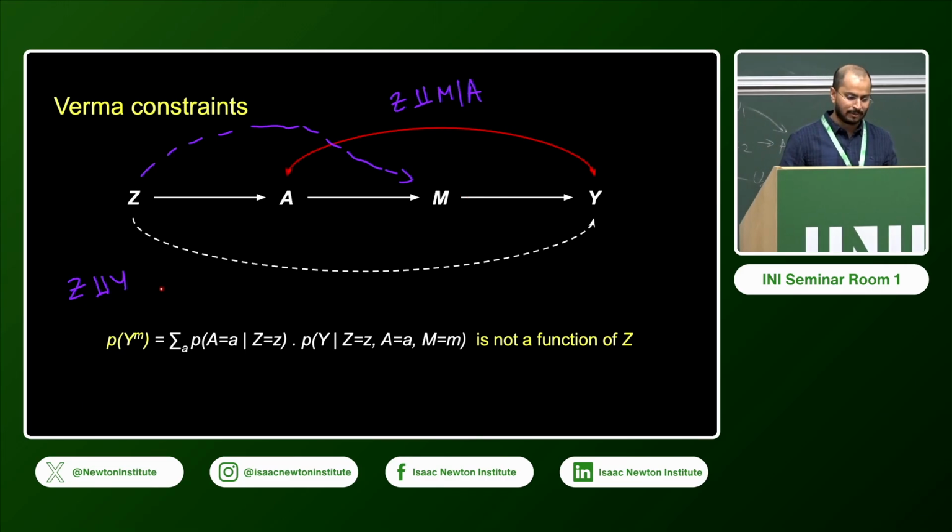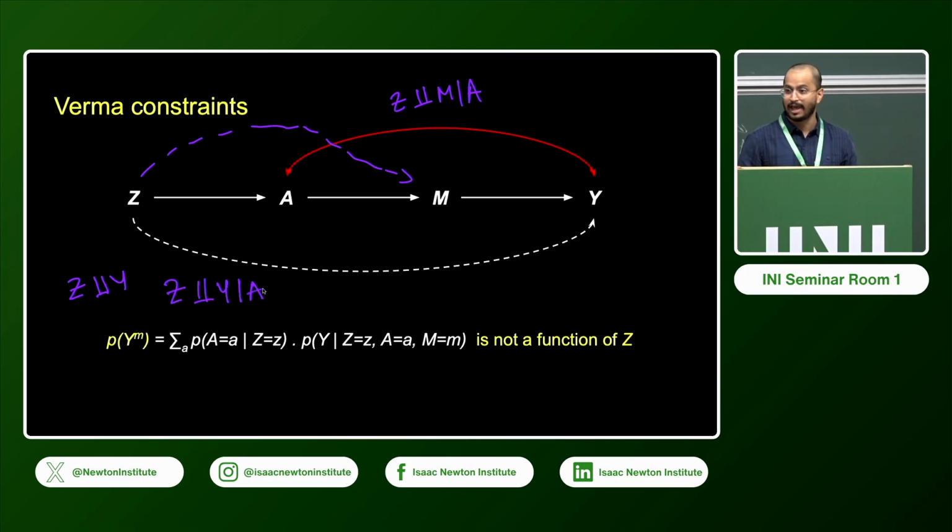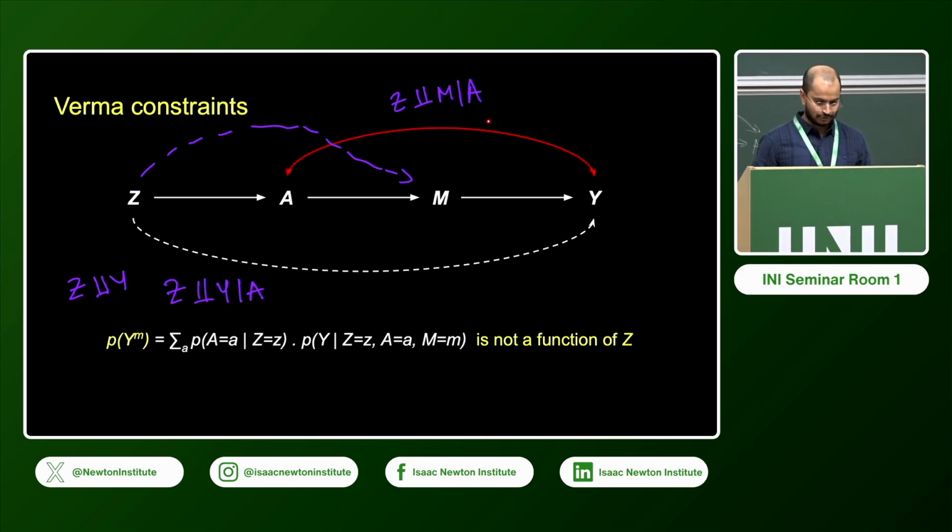So I say, okay, let me try and block that path. So I ask, is Z independent of Y given A? It turns out no, because I blocked the directed path, but I opened this collider. So I have a colliding path Z to A to Y. So this is not true, and this is not true.